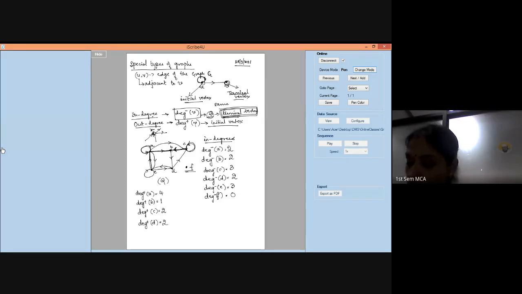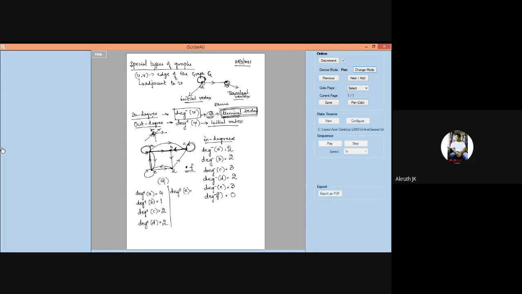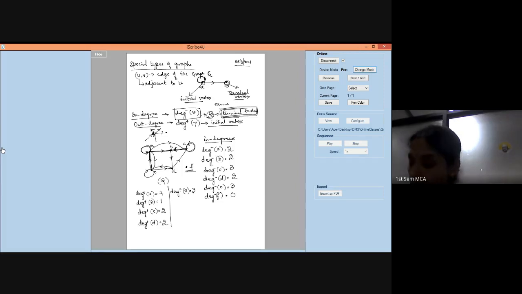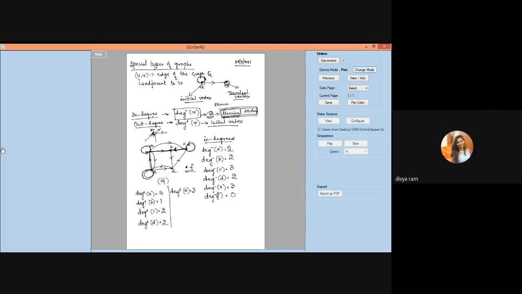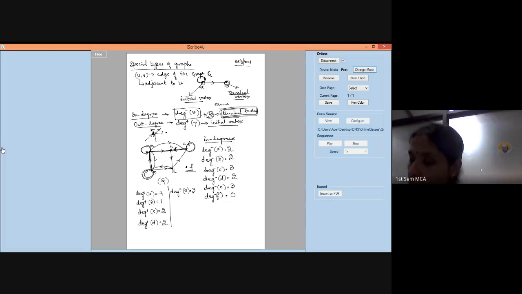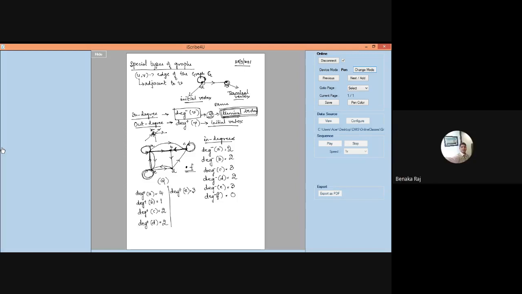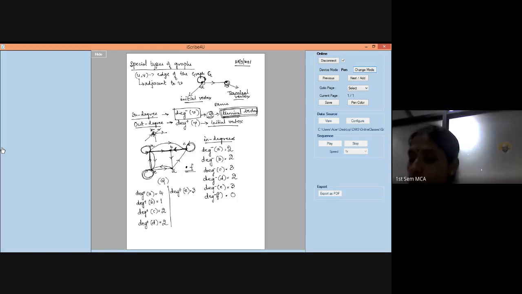Then out degree of E, 3. Why 3? One is the loop, and then you have E to D and E to A. So it will be 3.